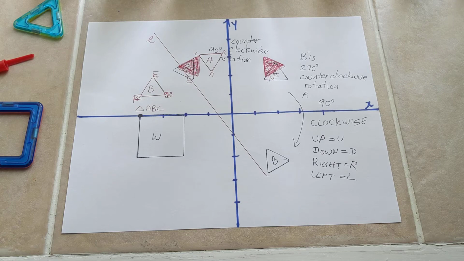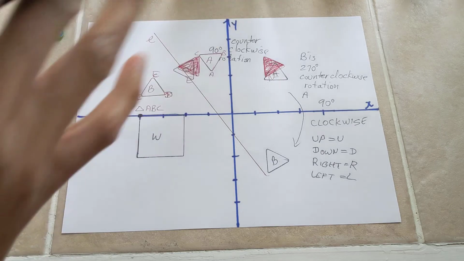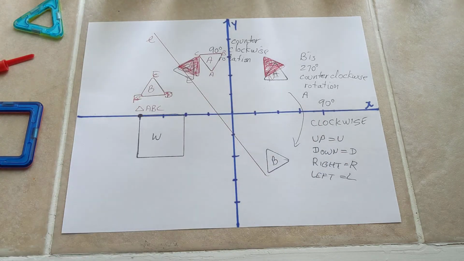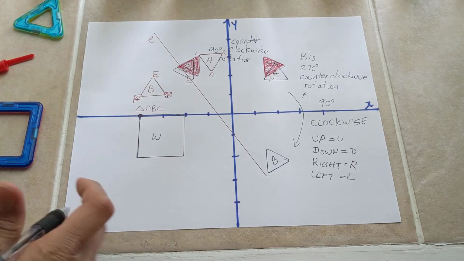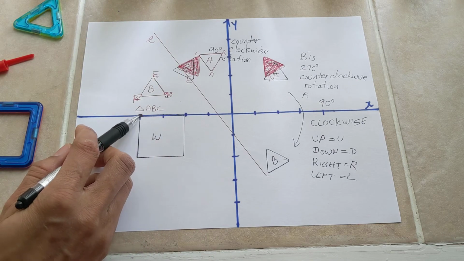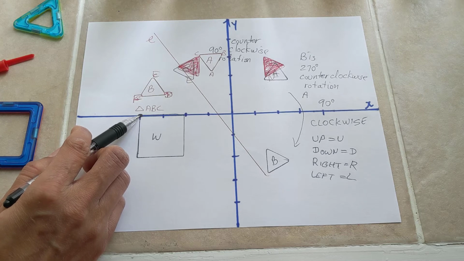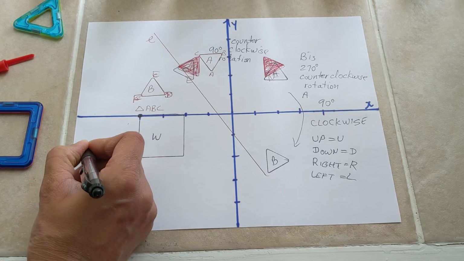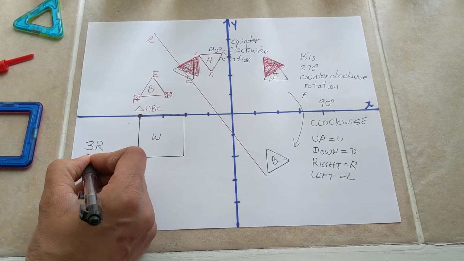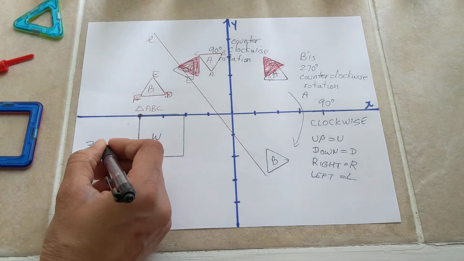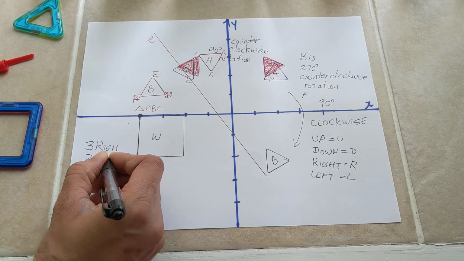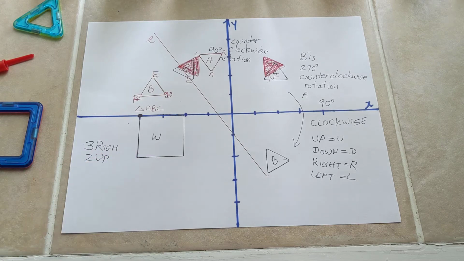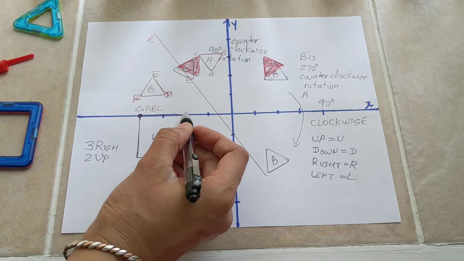Just to show you what's going on and how you use notation. I'm going to pretend this is the only point I'm looking at, and I want to move this point, let's say 3 right and 2 up. So that's right and up. I want this point going 1, 2, 3.